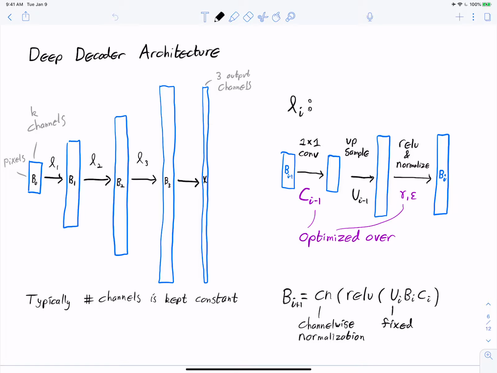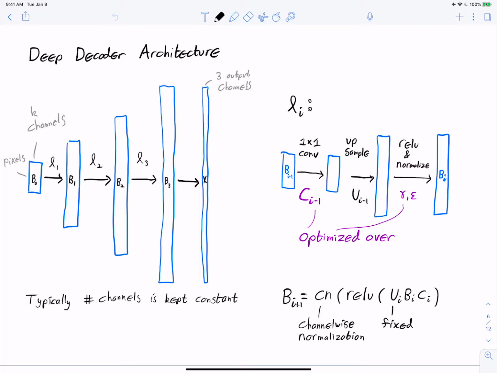Then there's going to be a series of layers where the size of each layer doubles through some upsampling operation, and there are additionally ReLU terms, channel normalization, and some one-by-one convolutions. And if you chain these together, then we get a deep decoder.